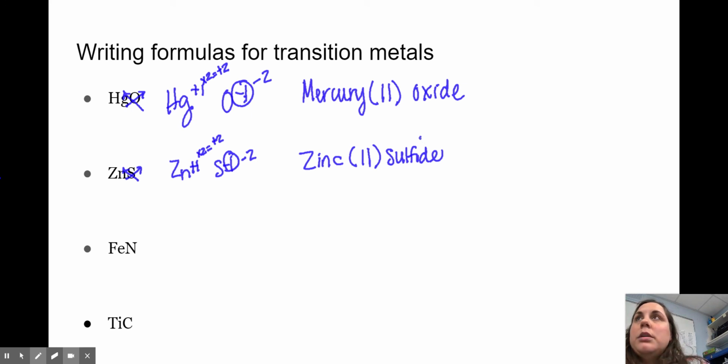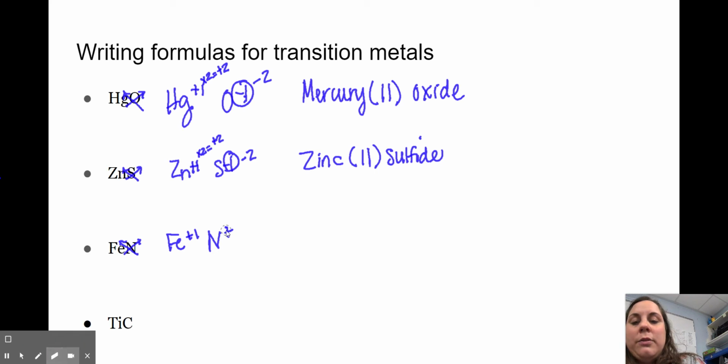Okay. Next, I have iron and nitrogen. Cross up the charges. Iron, it tells me, is +1. Nitrogen, it tells me, is -1. I check this nitrogen, and I know that's not correct. Nitrogen actually has a charge of -3.